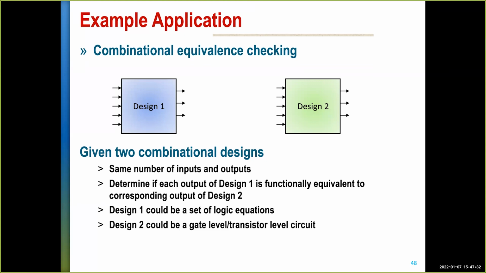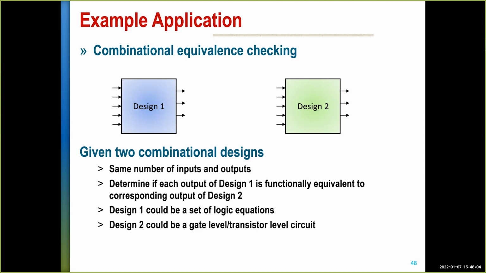And where is this used? This can be used at different levels, at different stages in a typical hardware design flow. Typically the way any complex hardware is designed is that you start off with a higher level description, maybe in a hardware description language, then you compile it down to some intermediate description, and then maybe further lower, maybe logic equations, and then maybe gate level, and then transistor level, and all of that.